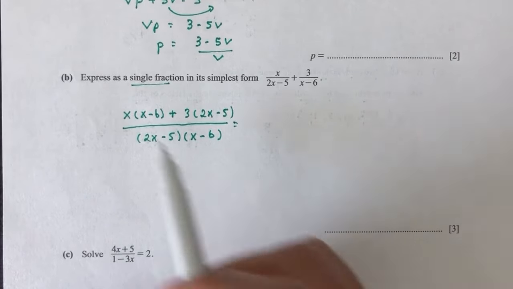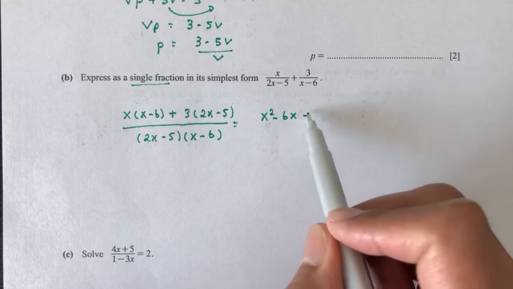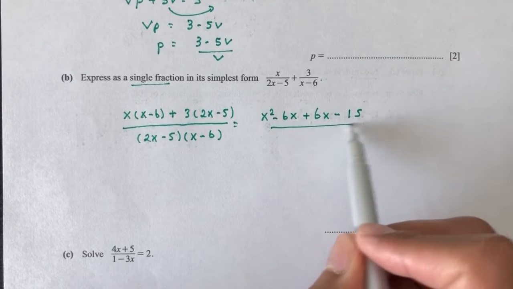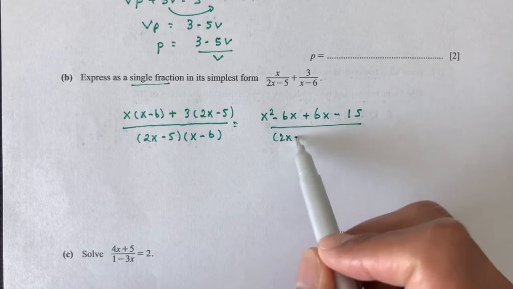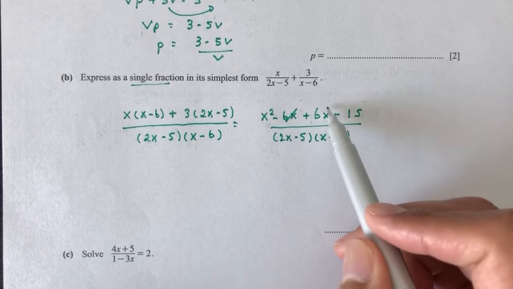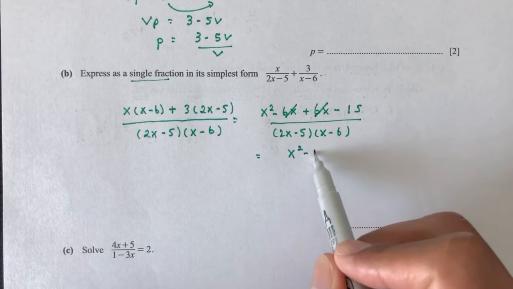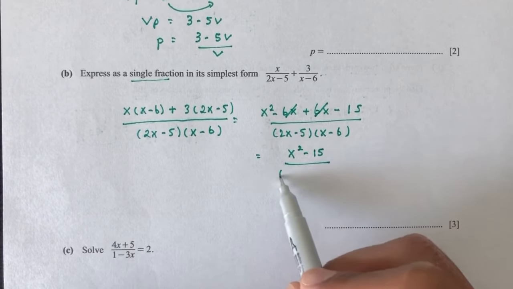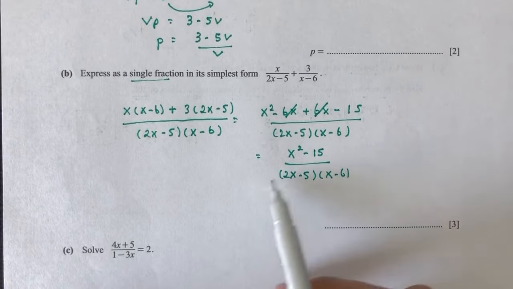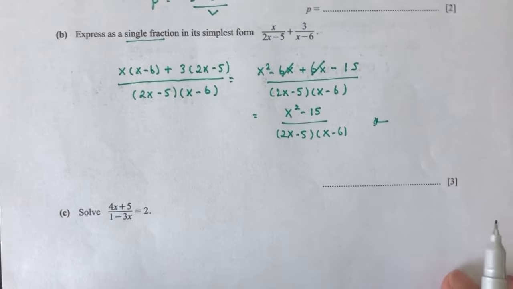Now we have to expand, that will become x squared minus 6x plus 6x minus 15, over 2x minus 5 times x minus 6. So minus 6x plus 6x go away, and that will become x squared minus 15 divided by this one and this. You can always expand this, but you can also just leave it like that, and that will be your answer for part B.